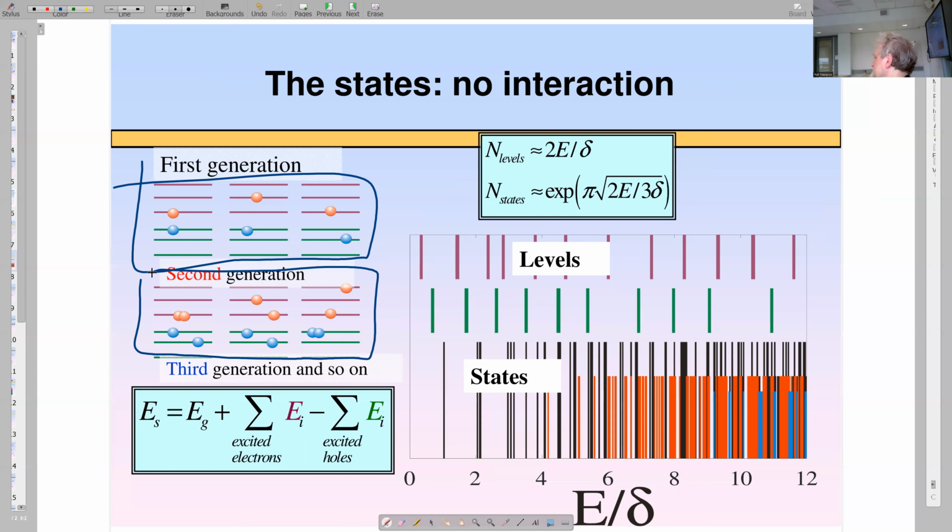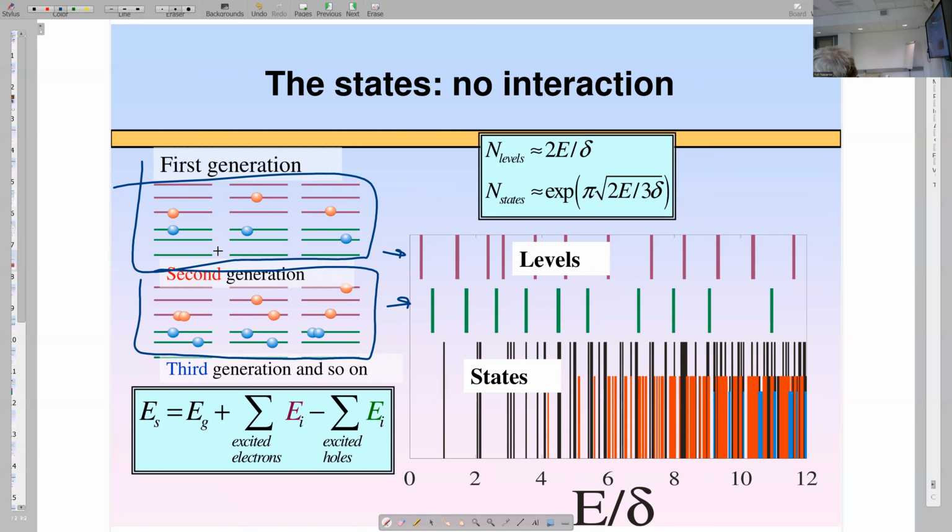Let me plot the energies of what I get. Those are levels. I've taken a little bit more levels than earlier, I guess 10 or 12. And I just plot the energies of the first generation, second generation, and so on.